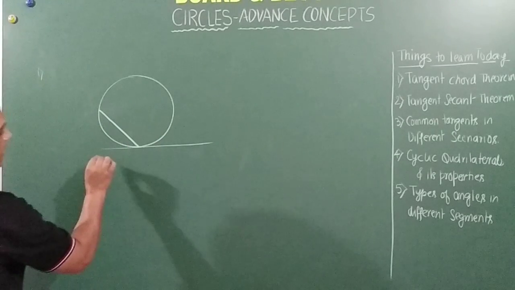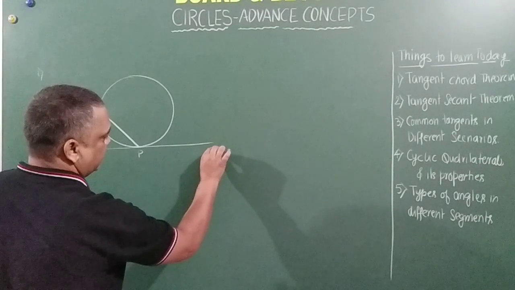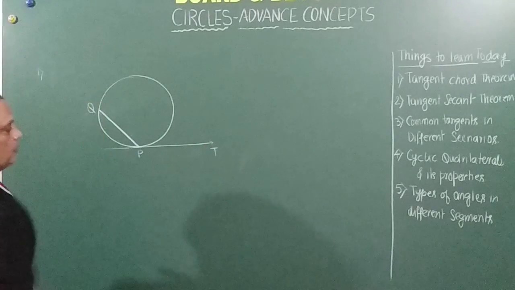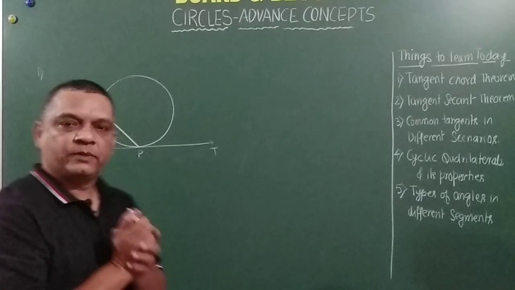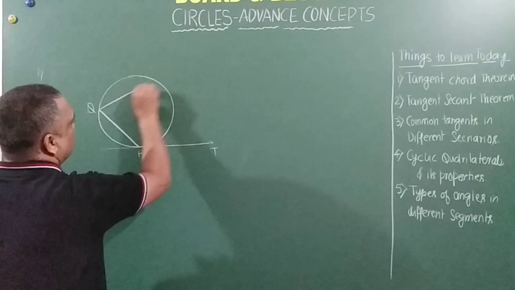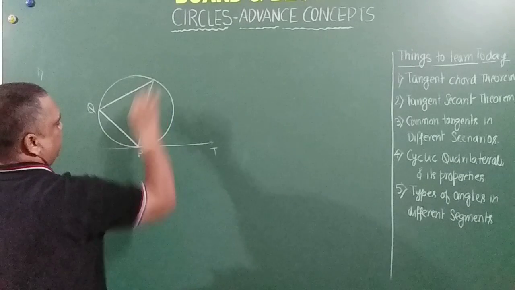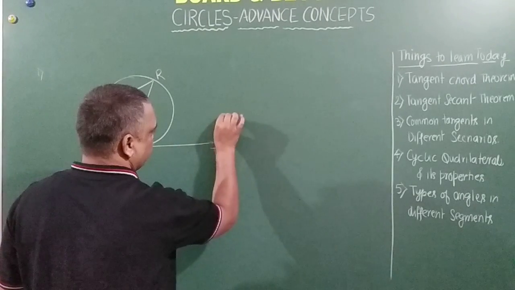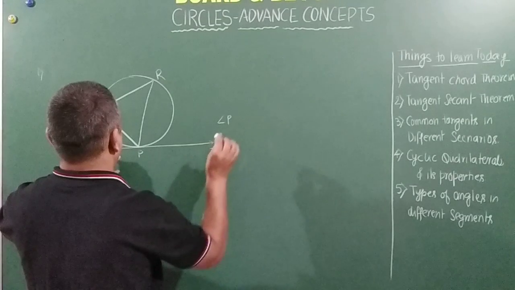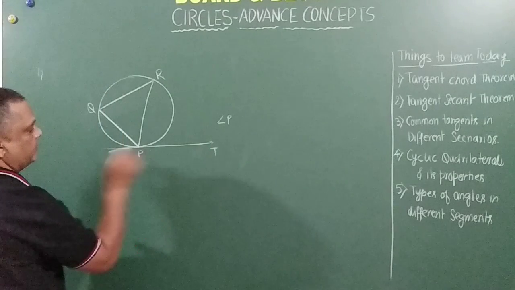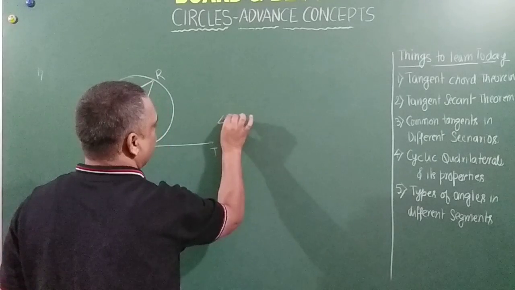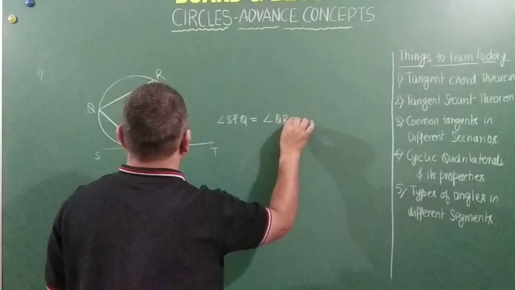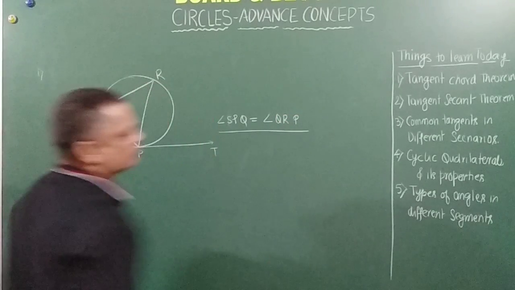Let's say this is T, this is P, and let's call this Q. So friends, what this theorem says, let's complete it: P, Q, let's call this R. As per this theorem, let's take S, angle SPQ is equal to angle QRP. So this is the theorem.